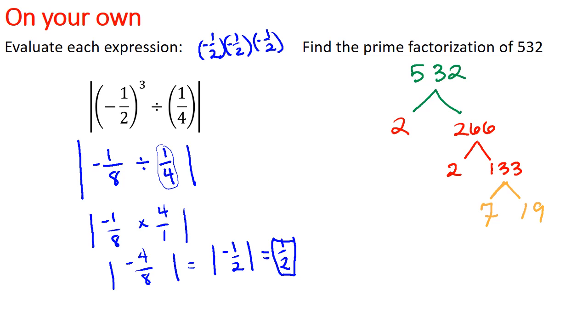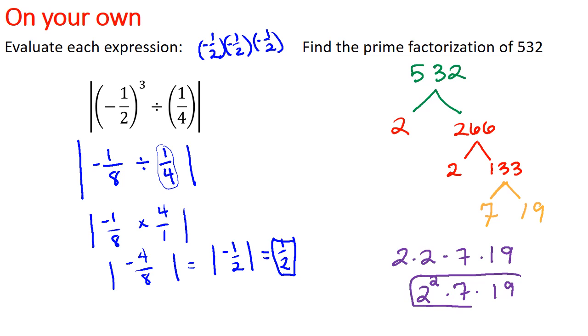And 19 is also a prime number because there's no numbers smaller than it that are evenly divisible into 19. So what I have here as my prime factorization is going to be 2 times 2 times 7 times 19. And I can rewrite this using exponents by saying 2 to the second power times 7 times 19. And I would be done.